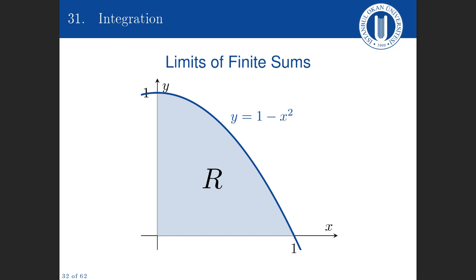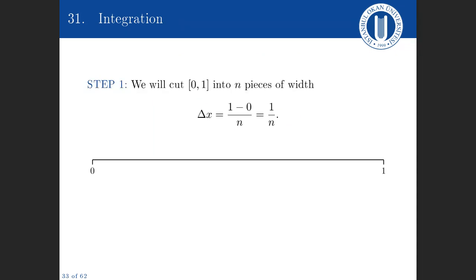Now, we've talked about limits a few weeks ago. We know what to do if we want to say something gets closer and closer as another quantity changes. What we're going to do is write down a formula for the area of n rectangles, and then take the limit as n tends to infinity. So this is what we're going to do.